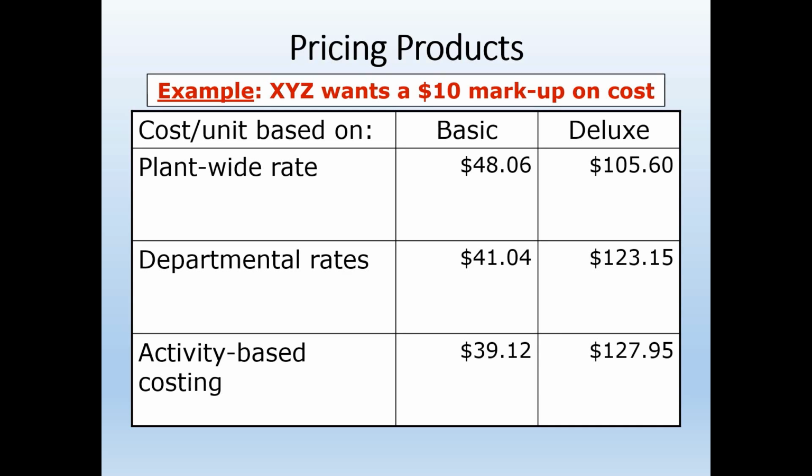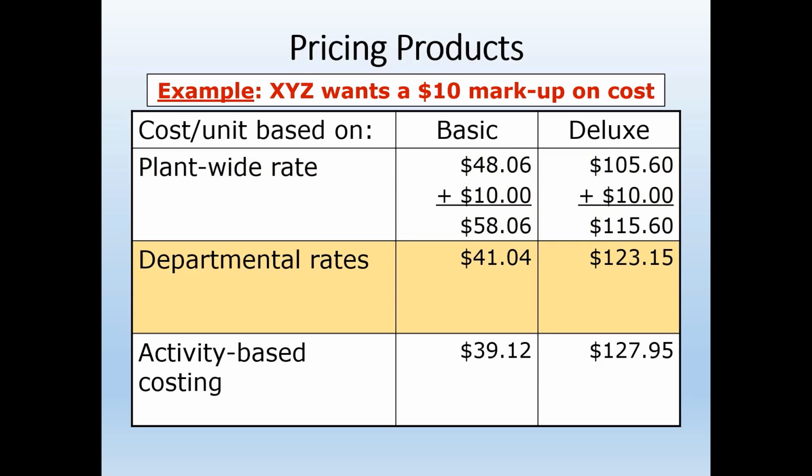Now let's say that XYZ wants a $10 markup on cost. If the firm chooses the single plant-wide overhead allocation rate, that means it would be selling its basic units for just over $58 each, and it would be selling its deluxe units for a little bit more than $115 each.